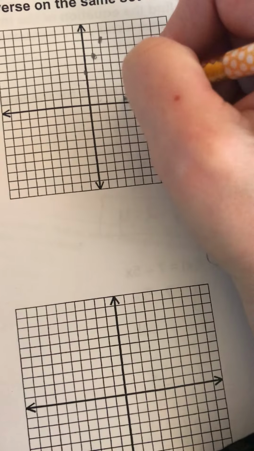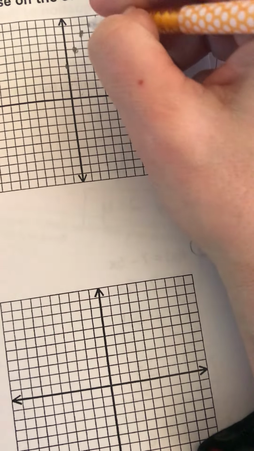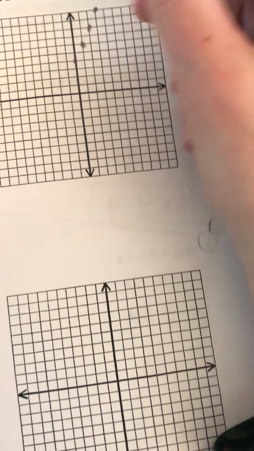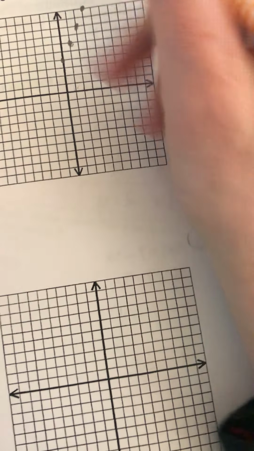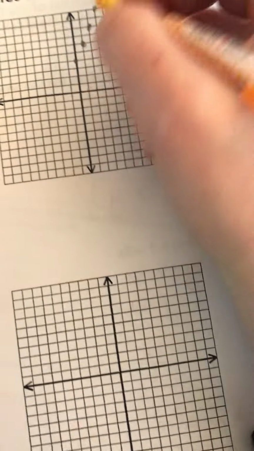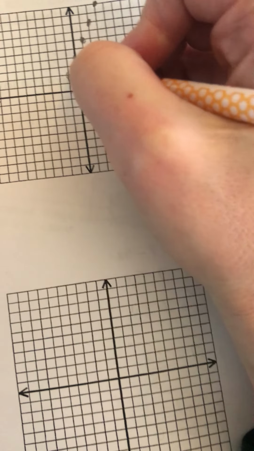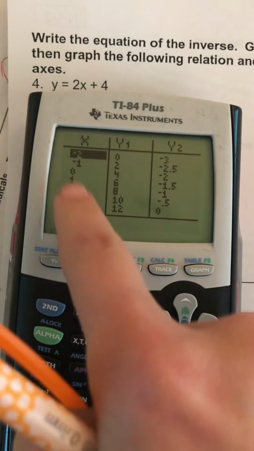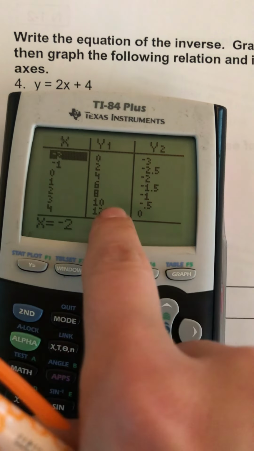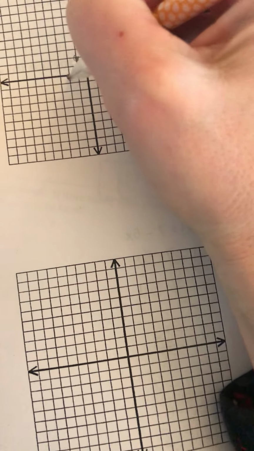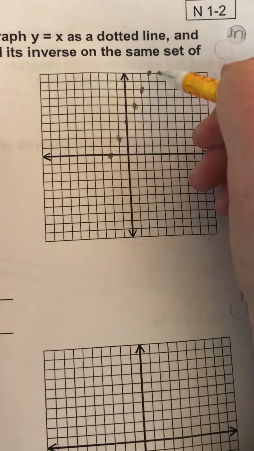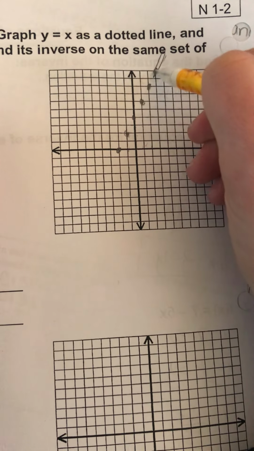And it says 3, 10. Negative 1, 2. I'm reading the chart over here, so my x and my y1. Negative 2, 0. I'm just getting some points to plot my line.